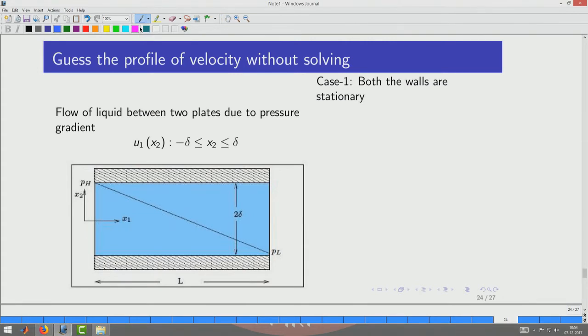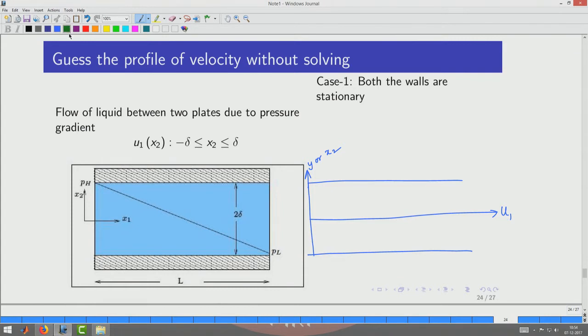Under such situations, how should the solution be? From whatever we have discussed till now, the domain is drawn, and we see that this axis is the x2, which is the y axis, and the velocity u1 has to be plotted in this manner.